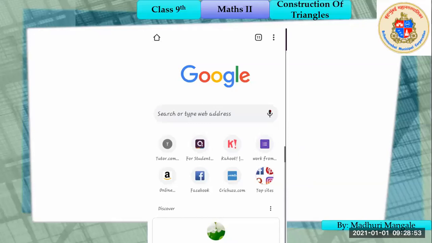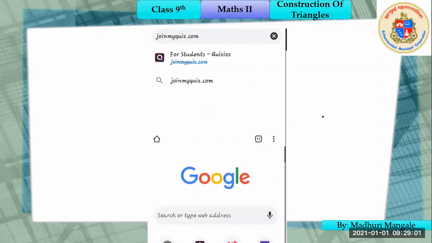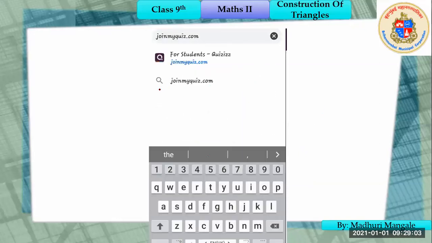And now the instructions: you need to go to Google and type in joinmyquiz.com. It should be joinmyquiz.com, and it is for students. Once you Google it, you will get this link which is for students.